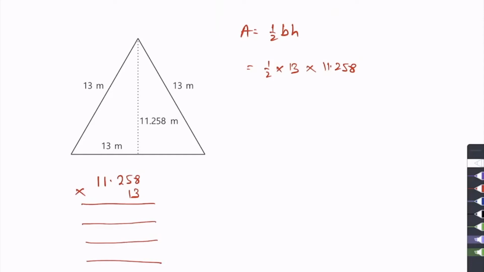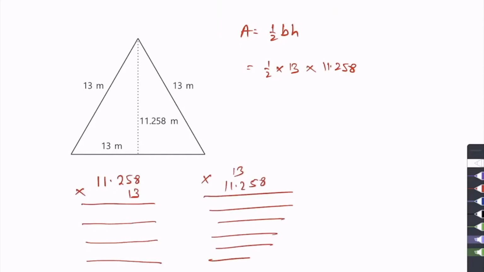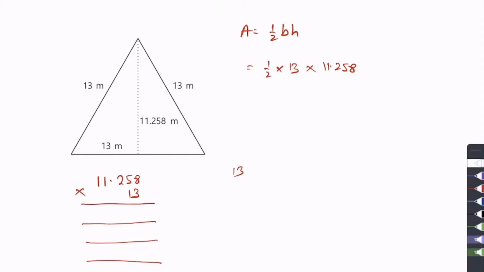If I did that, I would have needed 5 lines of working plus my addition. So you would have seen something like this. So I need 1, 2, 3, 4, 5 plus my addition. So it's way too complex. So we don't really want to do that. It takes too much work. So let's have a look at this one.